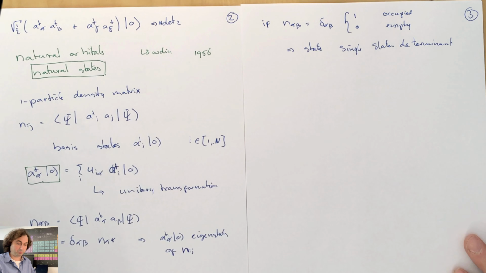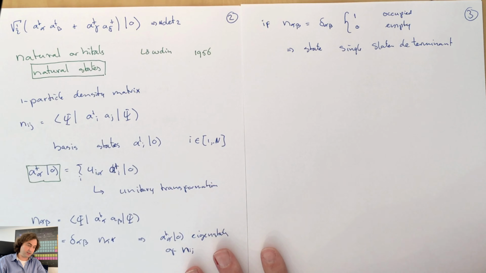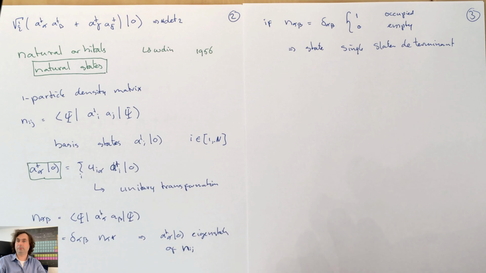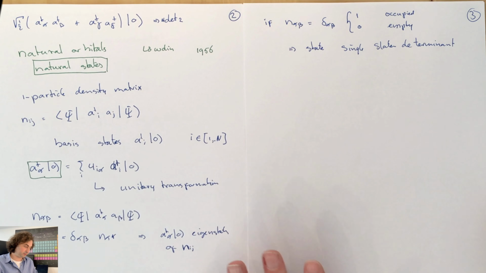There we could define Bloch waves, Bloch wave functions, Bloch states. And if your system was made of a single band, then the Bloch states were the eigenstates of the one-particle Hamiltonian. The density matrix is diagonal on the Bloch states, and your many-particle wave function is given by a string of creation operators and a single Slater determinant.